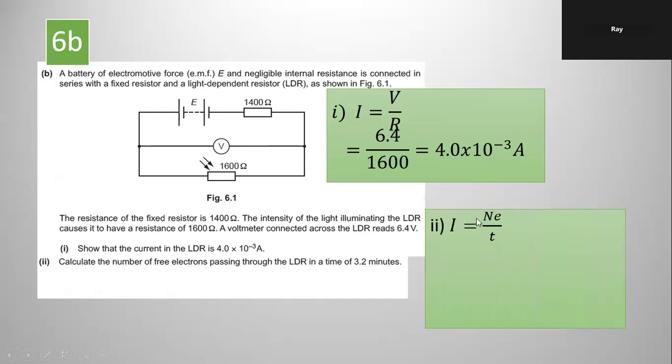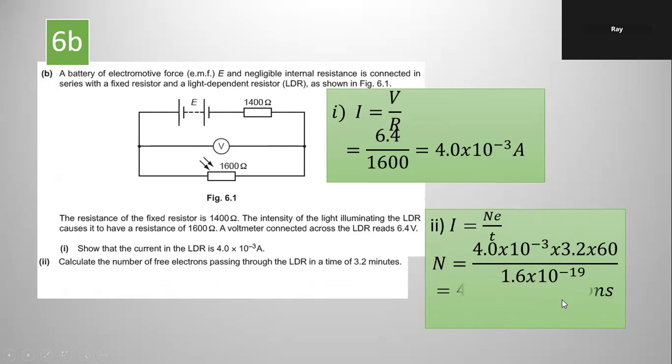I equals Q over T. Q is N times E. Number of electrons N is IT, that's your I. Change into SI units. T, 3.2 minutes, change it to seconds times 60. Then E is 1.6 times 10 to the power minus 19 from the data sheet. Copy out.